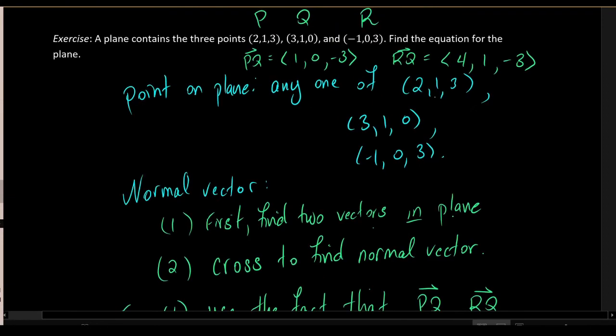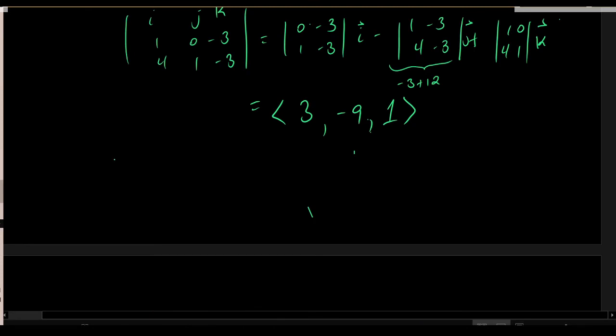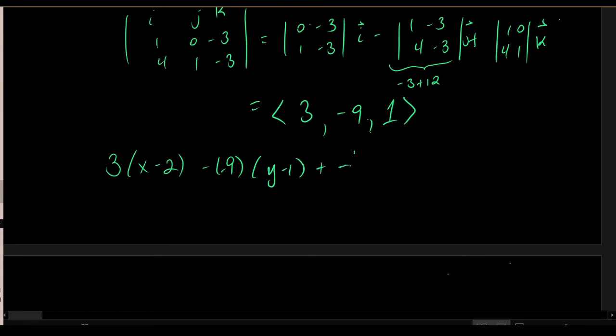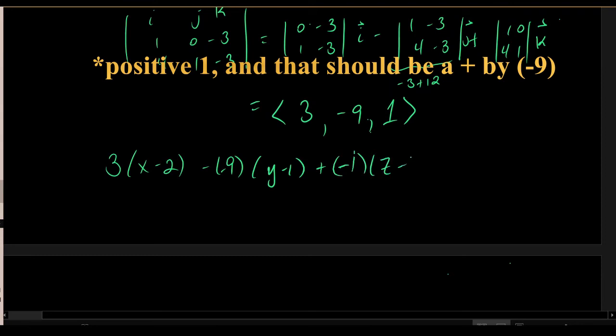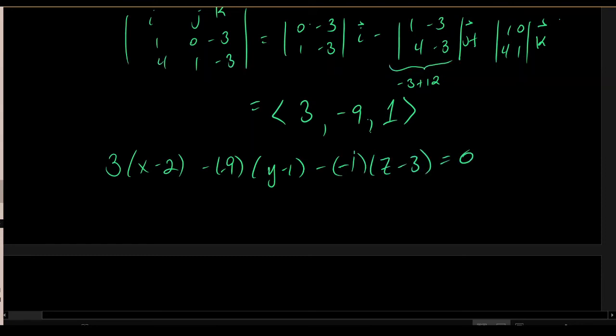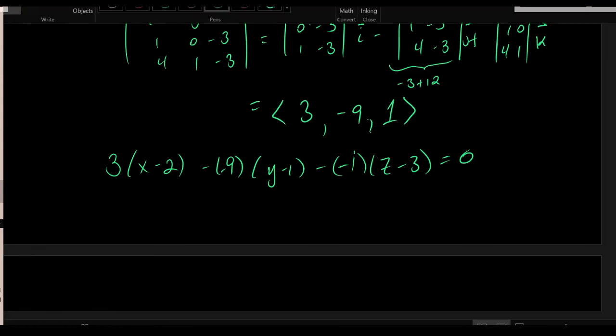So using that, and using any one of the 3 points that we were given, we can say 3, x minus 2, for example. Negative 9, y minus 1, still using the first given point. We could do z, so negative 1, z minus 3, for example, equals 0. But there are lots of other choices that could be made.